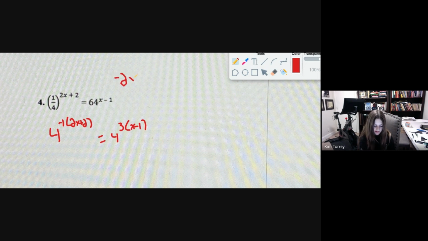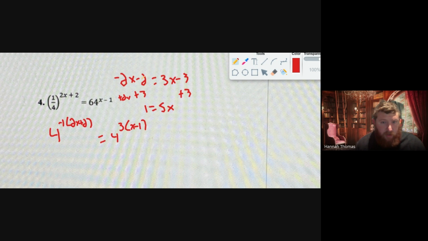You bring the -2 to the other side, and then bring the 3 to the other side. So it would be 2 equals 6x over 6. So then it would be x equals 2 over 6. And you can reduce that to x equals 1 over 3.